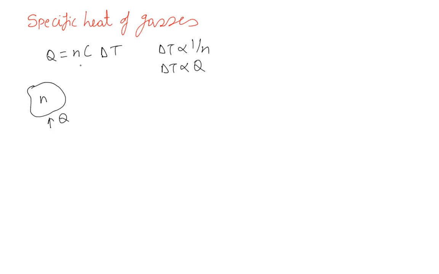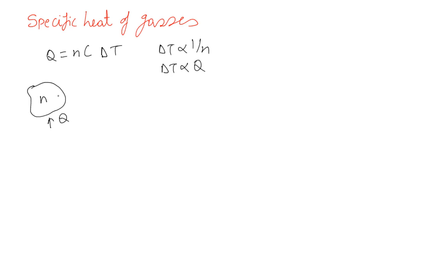So this is clear. But the thing is, when you pump in Q, the volume or the pressure of the system is going to change. I mean, the system itself is going to change because temperature is changing. We don't know how the system is going to be in future. It can have a different specific heat because the system has changed.